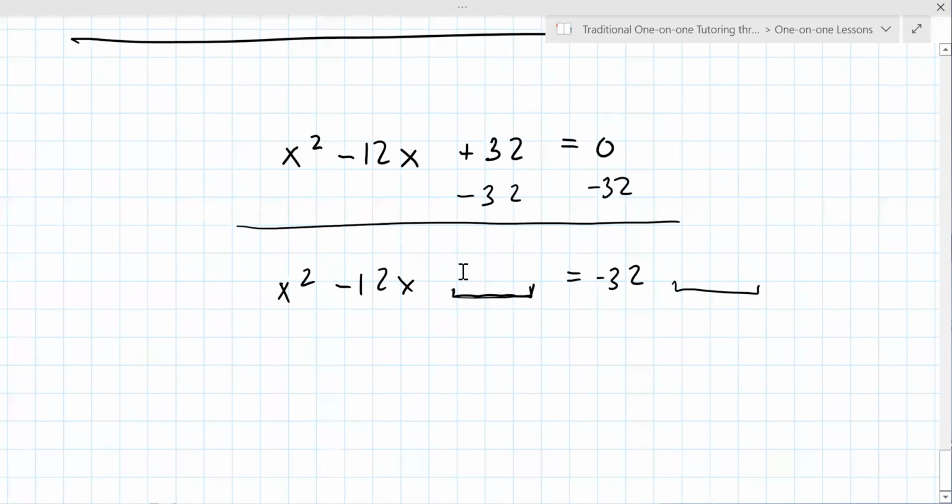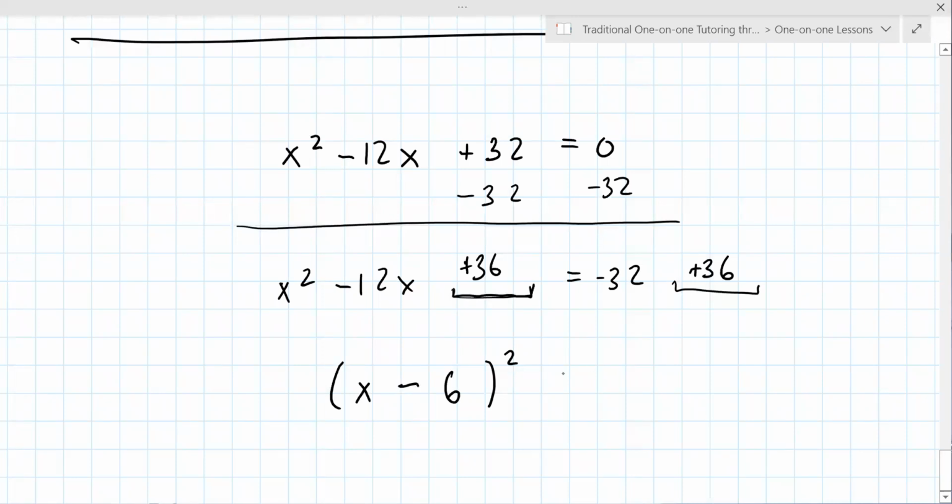6 times 6 is 36. Okay. None of this is beyond you. It's not complicated stuff. It feels that way, but it's really not. Now, in terms of what goes in parentheses, you have to take the square root of that last number, which is 6, and then is it plus or minus in the middle?